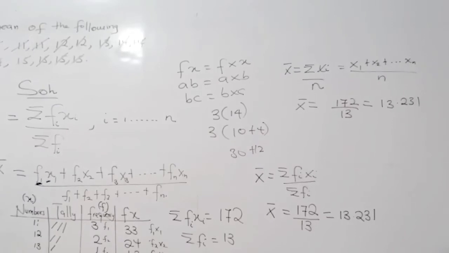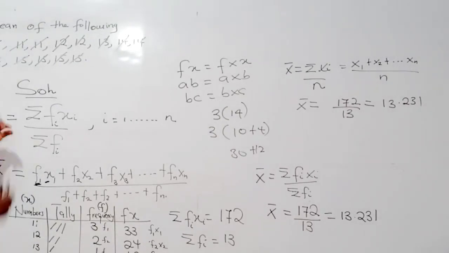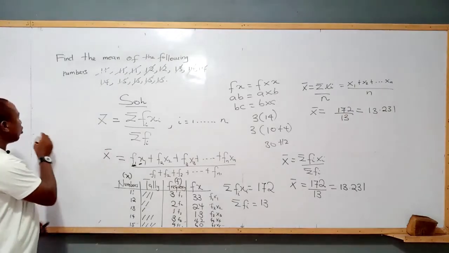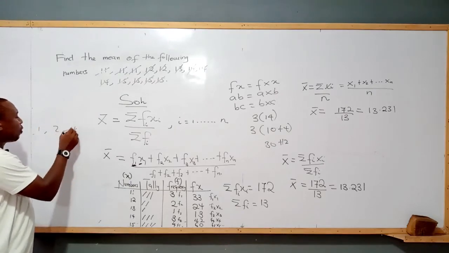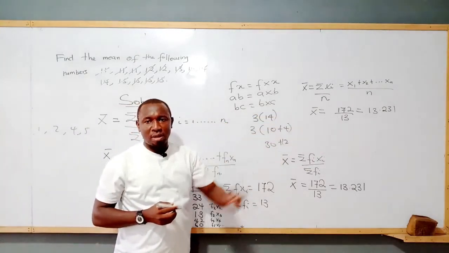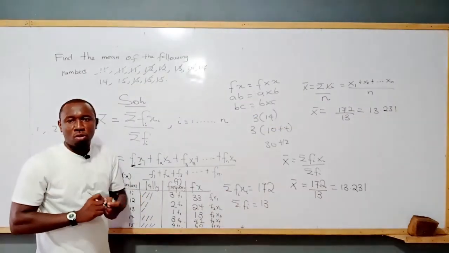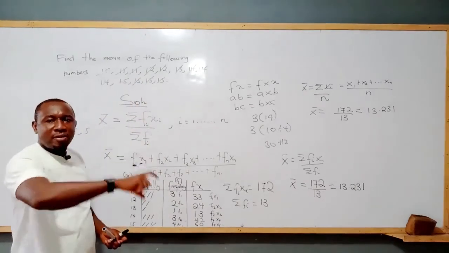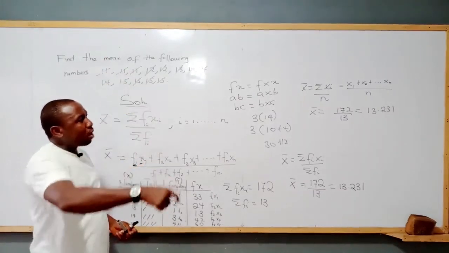But our advice here is that when the data set is too large, a lot of numbers, about 40, it is not advisable to use this one. You may even end up getting it wrong, and you cannot write the observations individually.